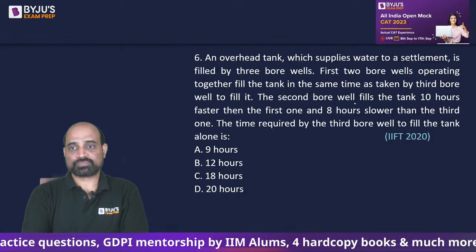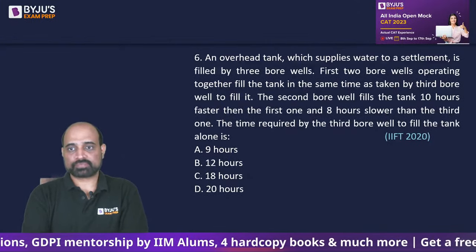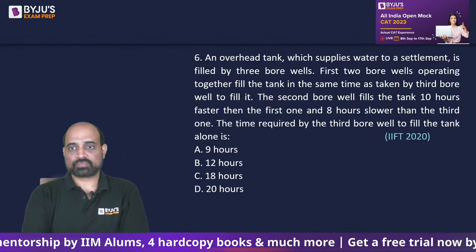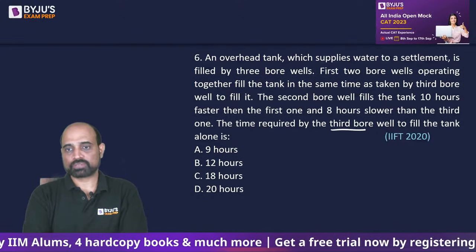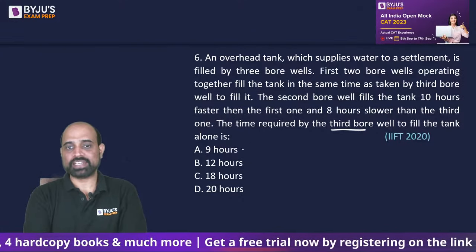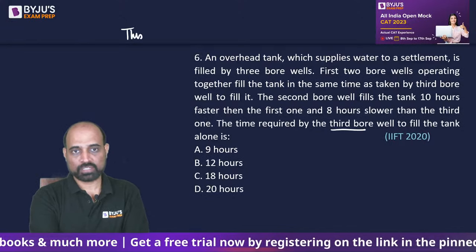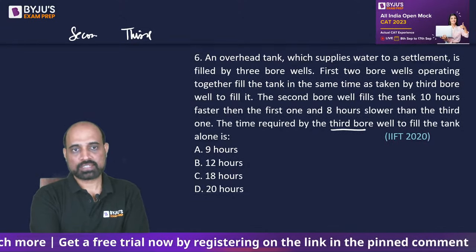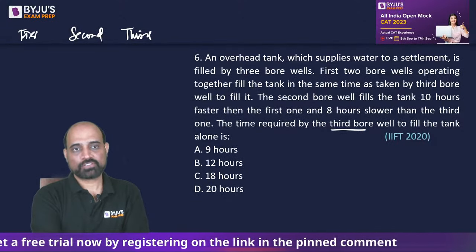So let's use the first option. Third bore well takes 9 hours. Okay, third, second, first.